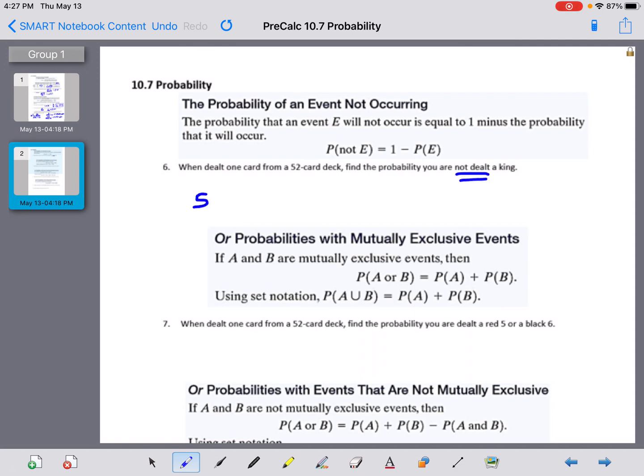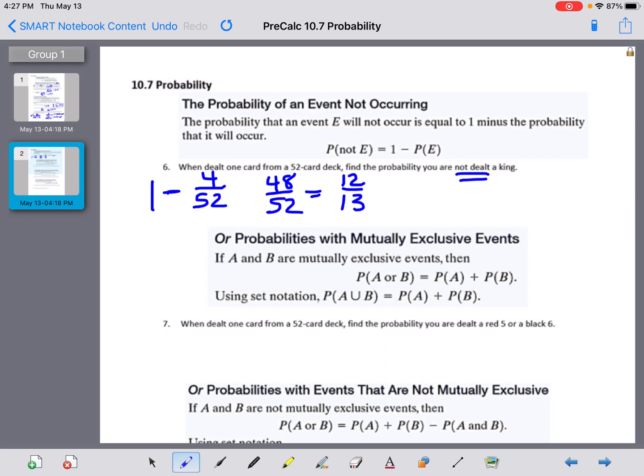So I have 52 cards, and 4 of them are kings. So if I want the not, I'm just going to do 1 minus 4 over 52, 52 over 52 minus 4 over 52, that leaves me 48 over 52. And sure, I can reduce that by 4s and I can get 12 over 13.